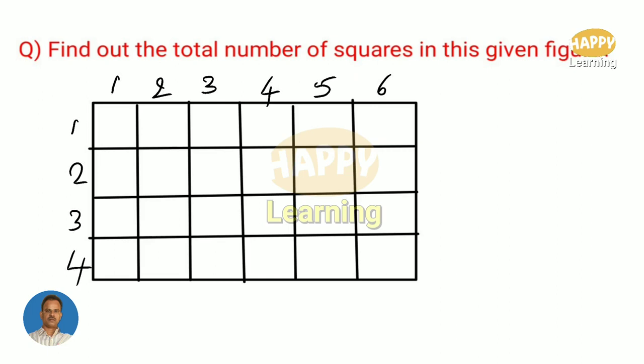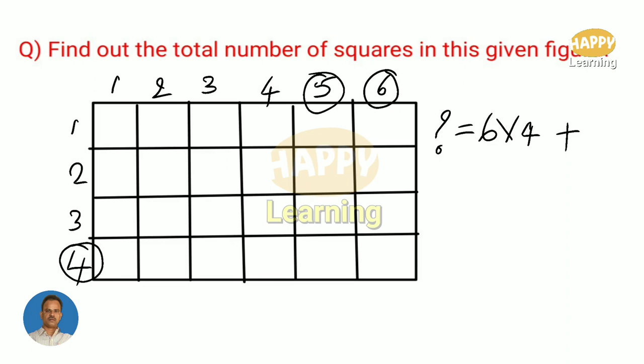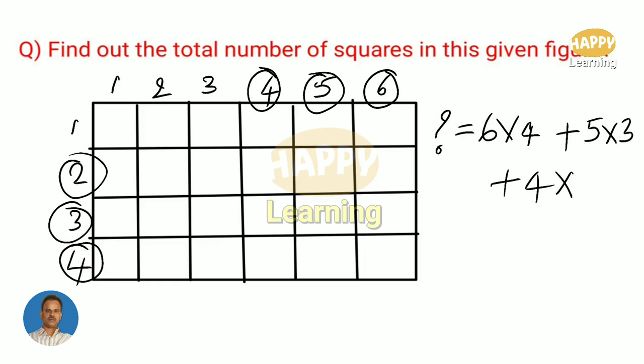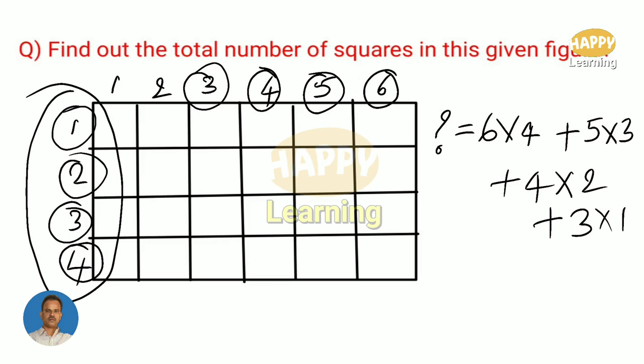Then the number of squares in this figure will be given by the maximum number here, 6, into the maximum number here, 4, plus the next number here, 5, into the next number here, 3, plus the next number here, 4, into the next number here, 2, plus the next number here, 3, into the next number here, 1. Here all the 4 numbers are used, so you have to stop here. There are no more row numbers available.